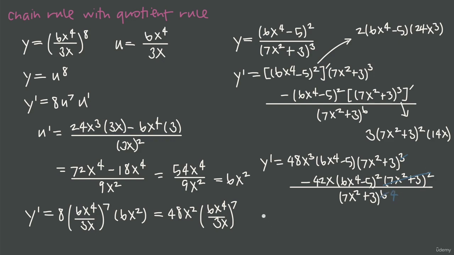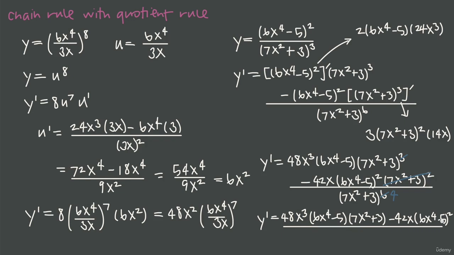When we do that, we can say y prime is equal to 48x^3 times (6x^4 - 5) times (7x^2 + 3). And then we'll get minus 42x times (6x^4 - 5)^2. That's our entire simplified numerator.